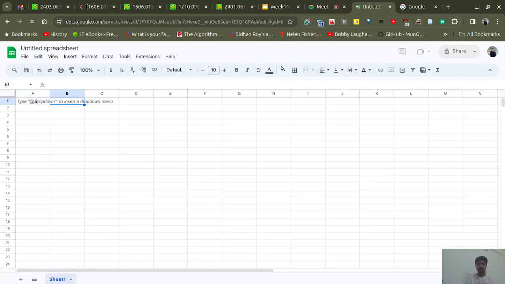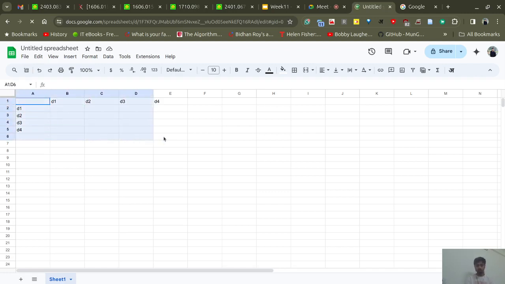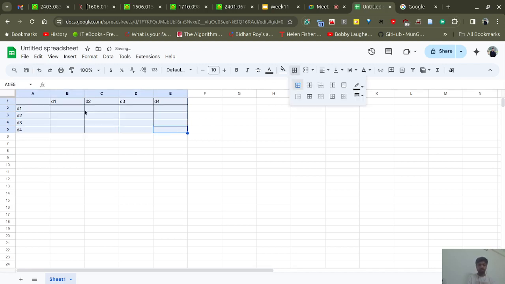So let's say here dimension 1, dimension 2, and so on. The covariance matrix is a symmetric matrix, right?